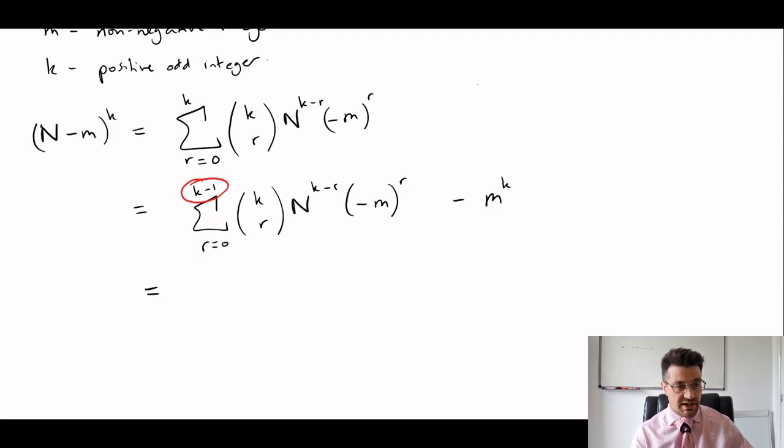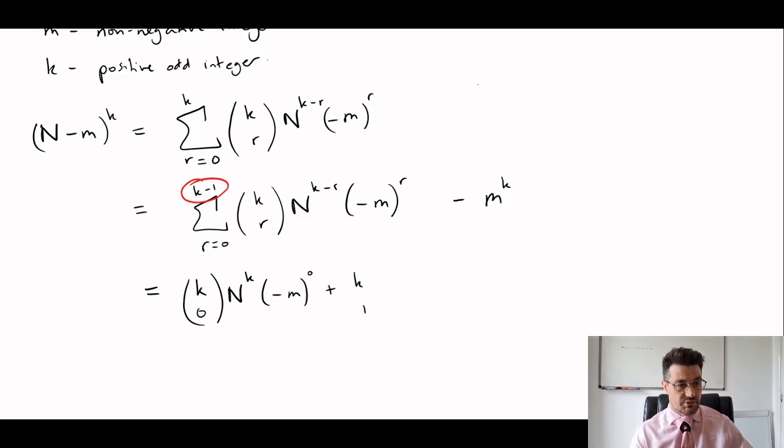So this in turn is equal to, maybe I will write this summation out in full now. What we get is k choose 0, n^k, times (−m)^0, which is just 1. I'll write it in anyway, doesn't do any harm.